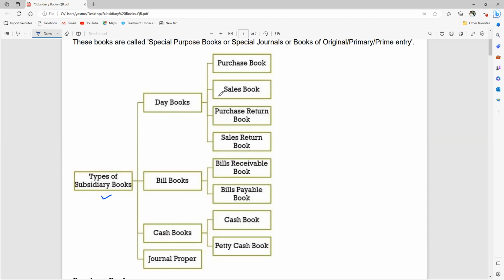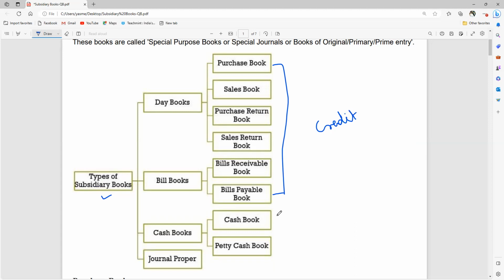One thing we should remember here: all credit transactions are recorded in these books, that is, day books and bill books.